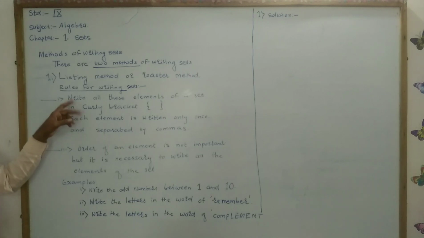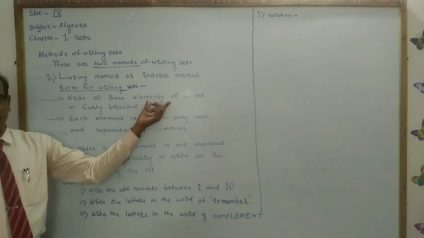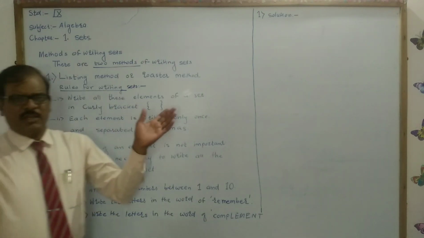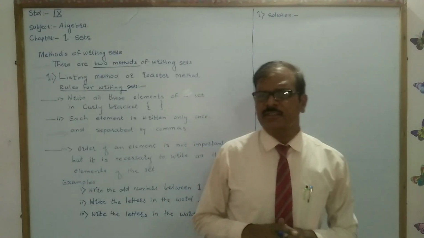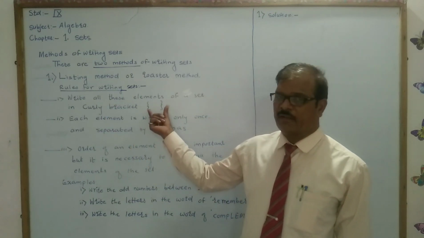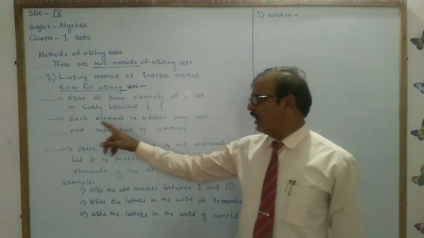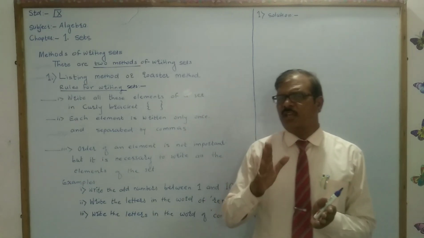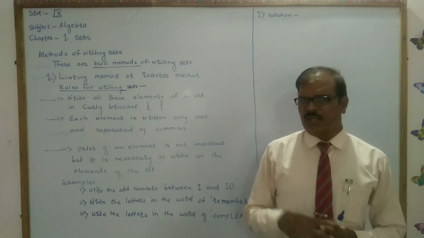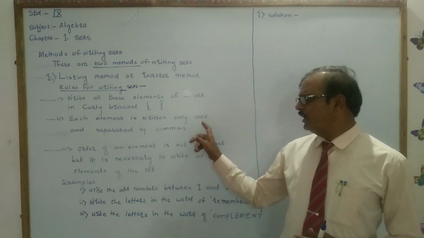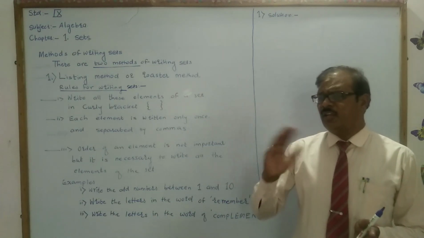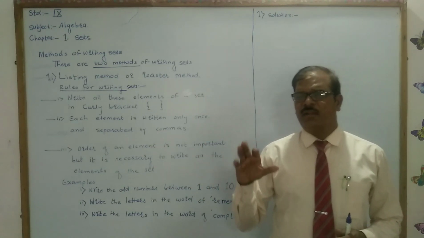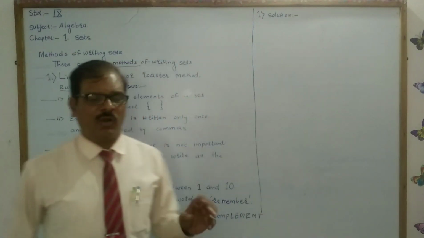First, write all the elements of a set in curly brackets. Whenever the elements are given to you, write them in curly brackets. Each element is written only once, which means the same element cannot be repeated, and each element is separated by a comma.